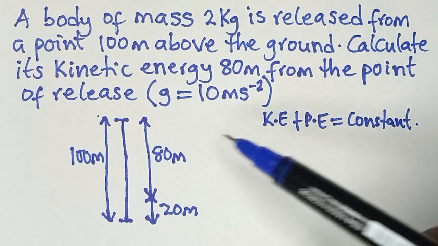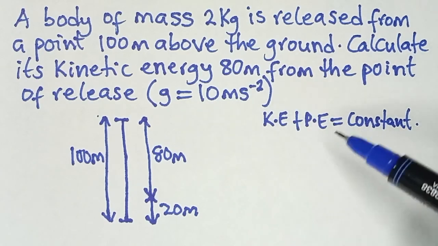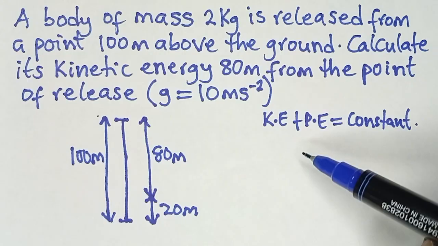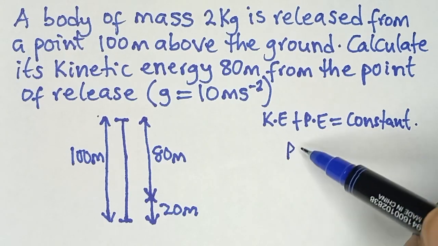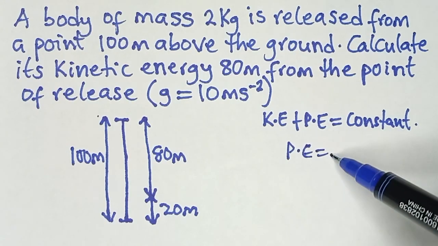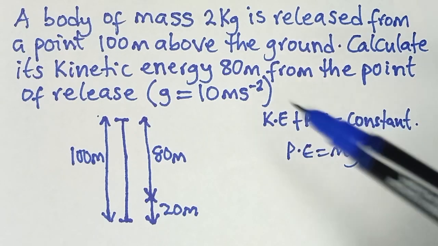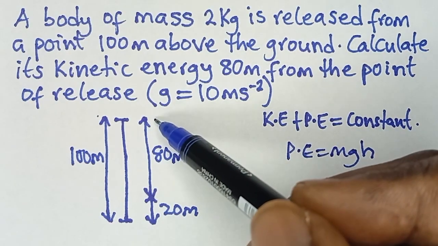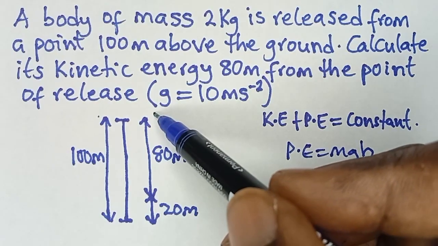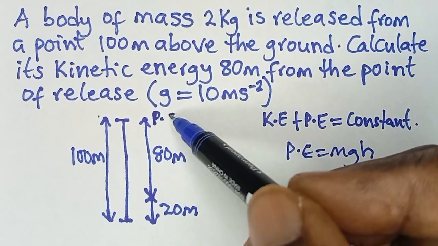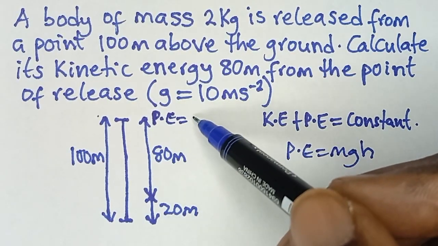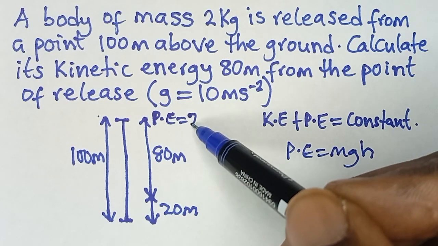So don't forget that the formula for potential energy is mgh. Potential energy, don't forget, is equal to mgh. So from there now, we can look at this top point. At this top, the potential energy is equal to 2, which is the mass.